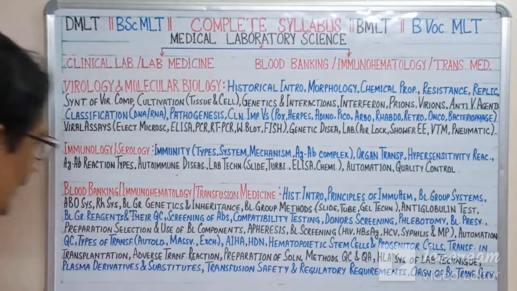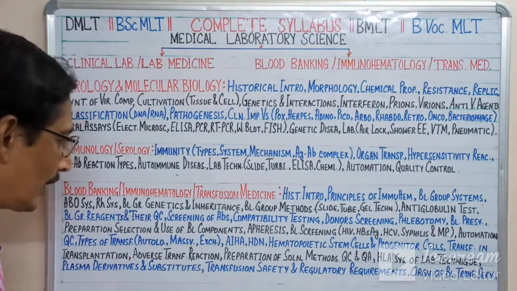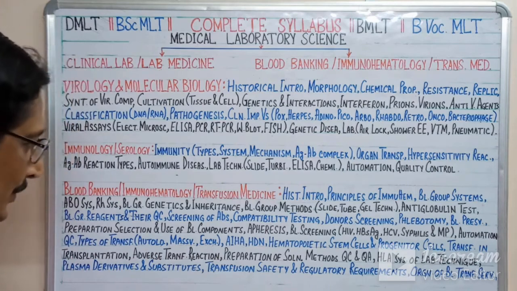Now the automation in the blood bank, quality control, and the types of transfusion, that is autologous transfusion, massive transfusion, or exchange transfusion.